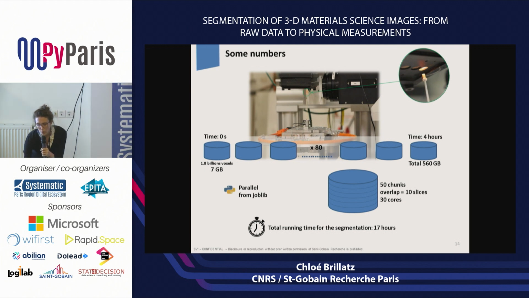So this is one sample, and as I told you, I have different 3D pictures of this one sample, and I have actually 80 3D pictures, so 80 volumes. One volume is 1.8 billion voxels, so this is 7 gigabytes, totaling 560 gigabytes.